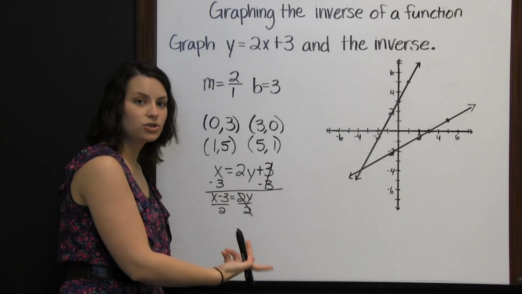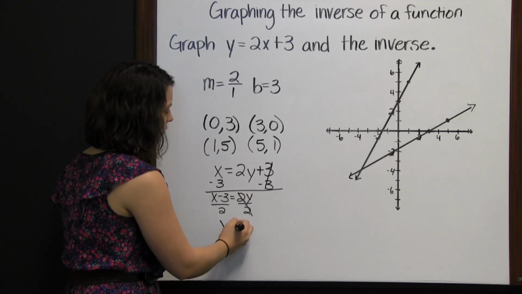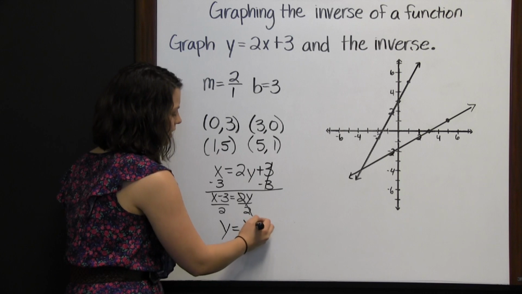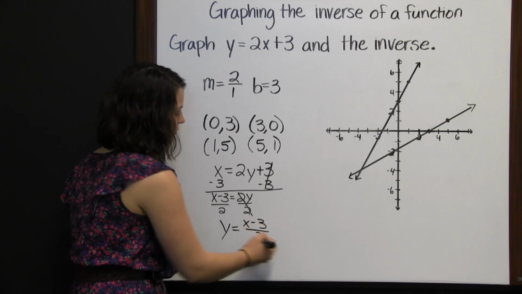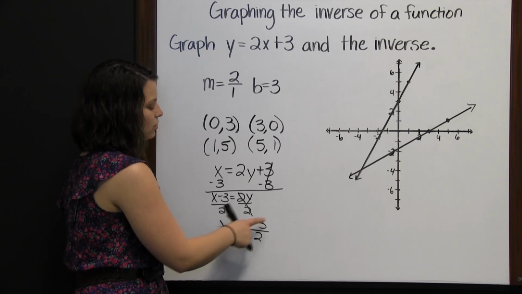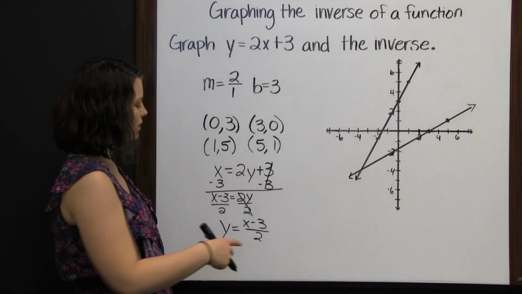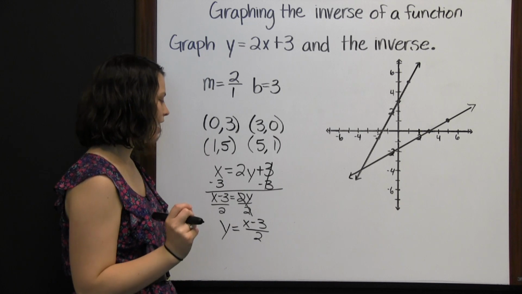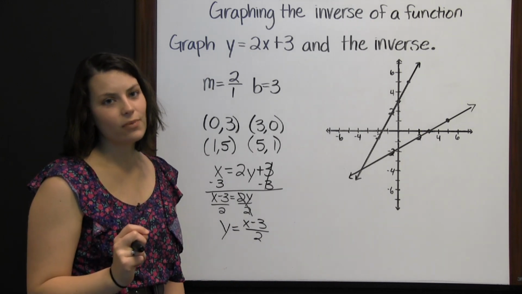I'm going to use the symmetric property to flip this around, so I get y equals x minus 3 divided by 2. Or y equals x divided by 2 minus 3 halves, or y equals 1/2 x minus 3 halves. You can write it in lots of different ways.